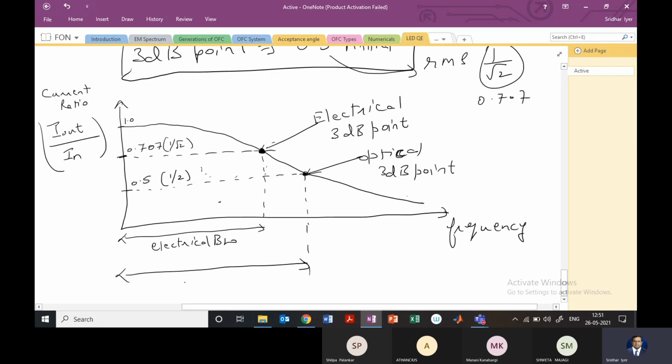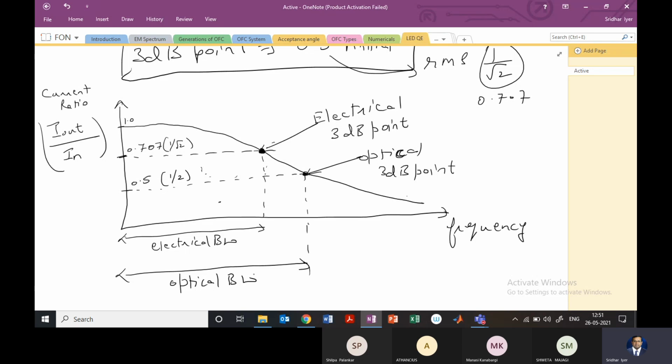So this will be your optical bandwidth. We will always get an inflated value of bandwidth when it comes to the electrical and the optical bandwidth.